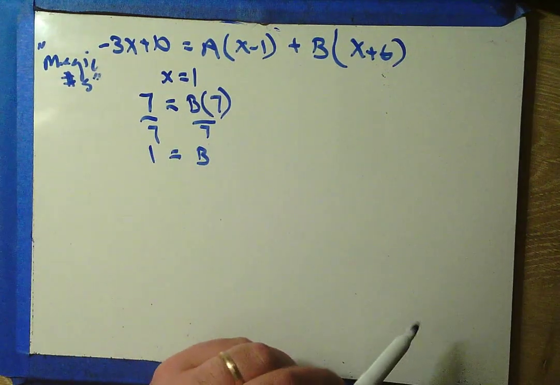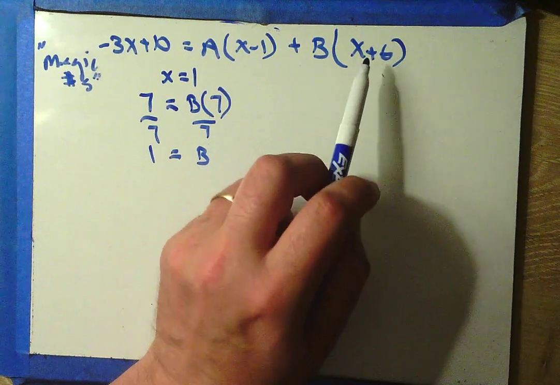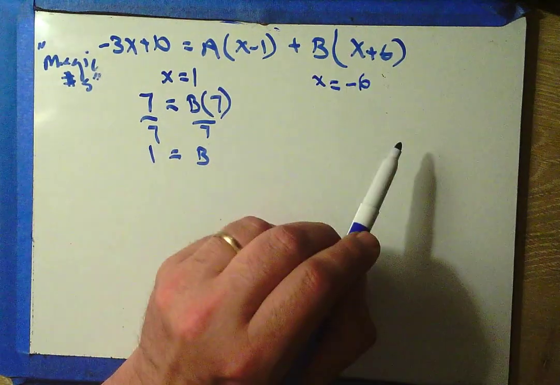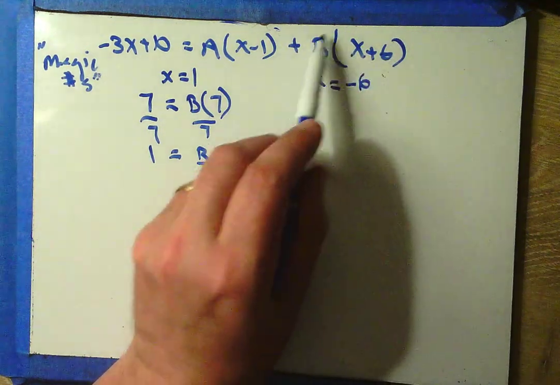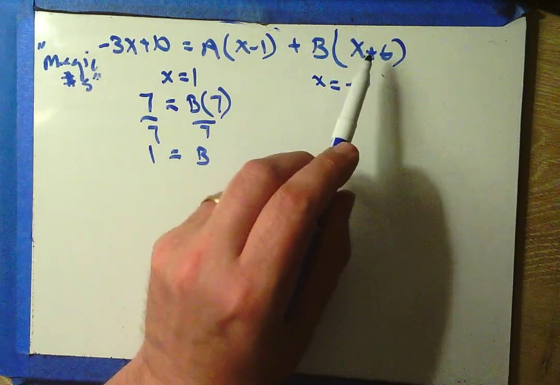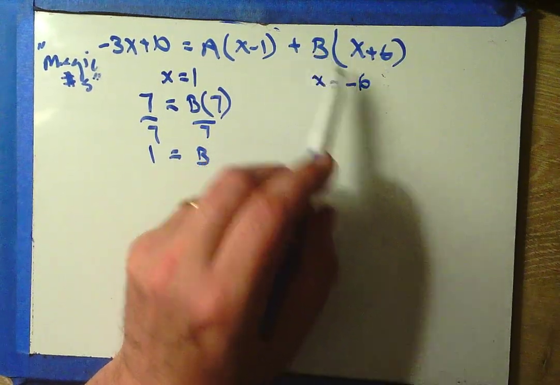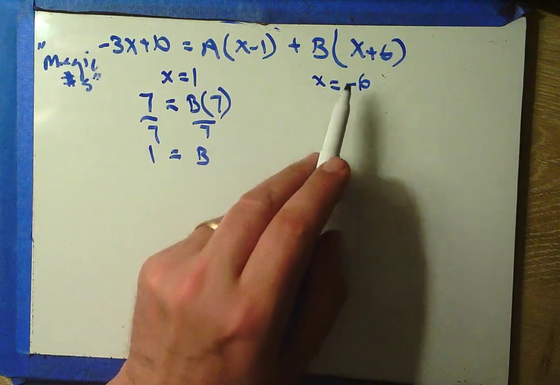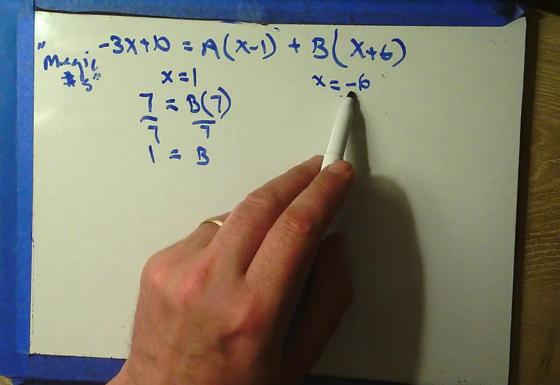What's another magic number? Well, what would turn this into 0? If I used x equals negative 6, that's a number that would turn this into 0, and therefore 0 times b, poof, b disappears. So this is my second magic number, and I'm going to plug a negative 6 in for all x's.